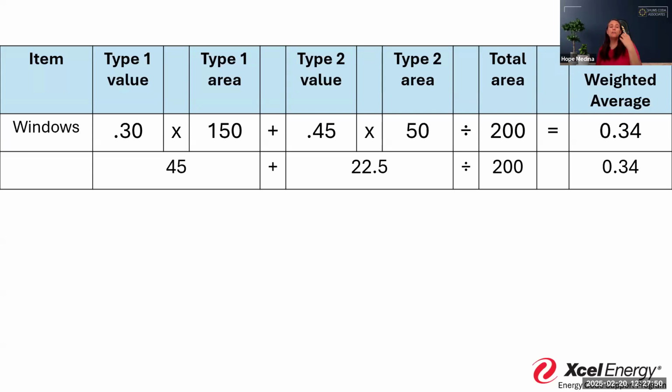So when we divide 67.5 by 200, it equates to a 0.34. It's like 0.34652 or whatever the case may be. I did it as a 0.34. And there we go. That's how an area weighted average is equated to be able to utilize it.